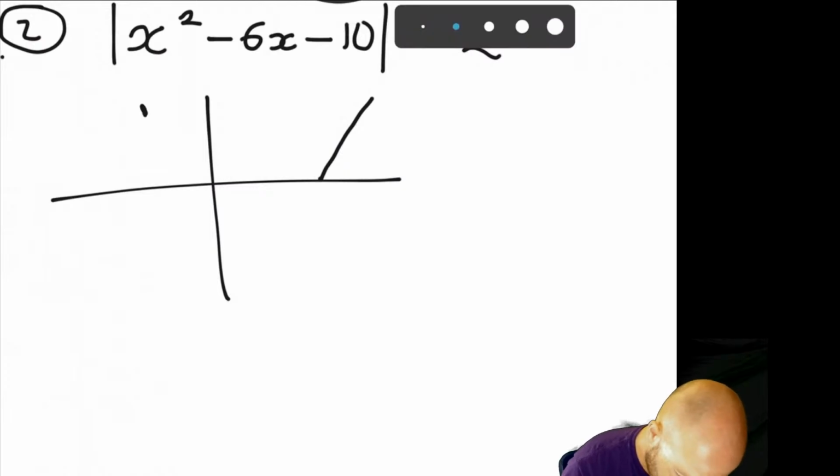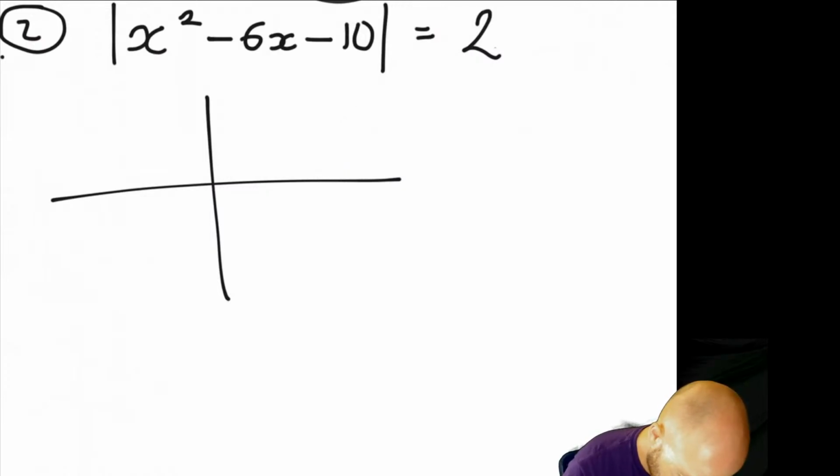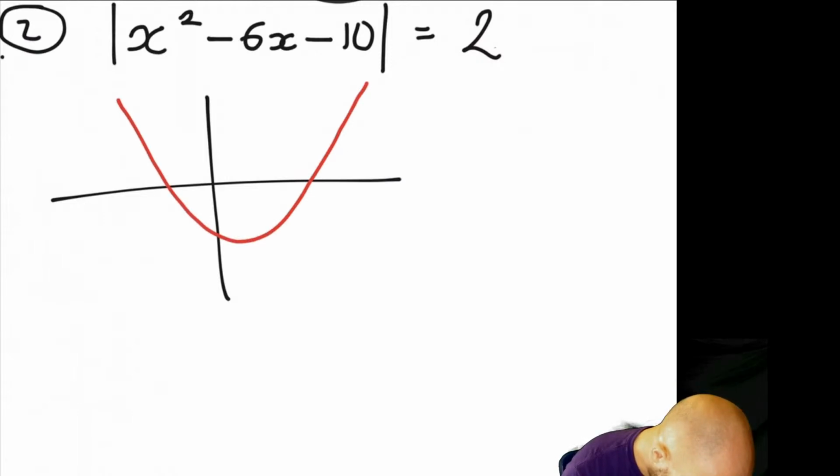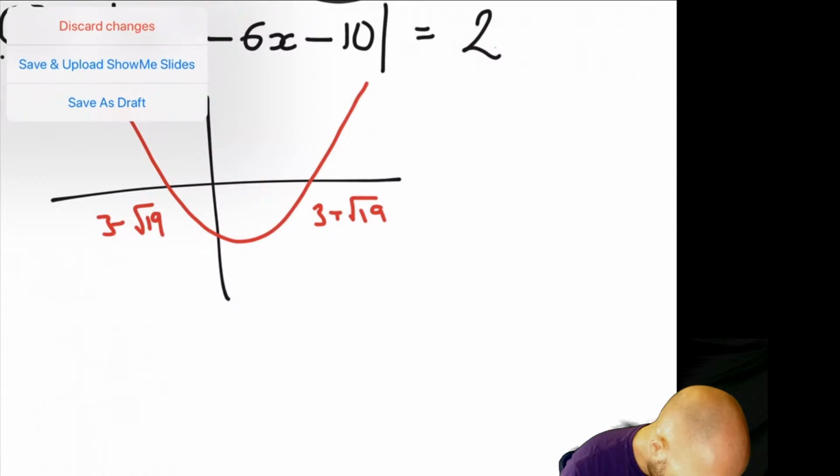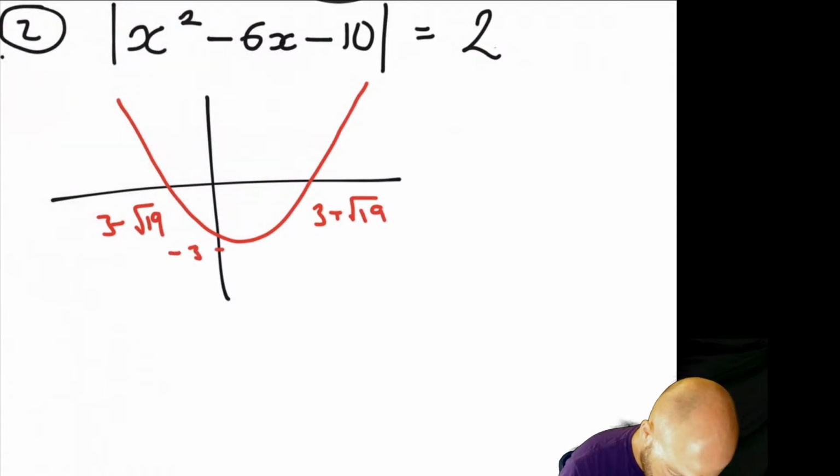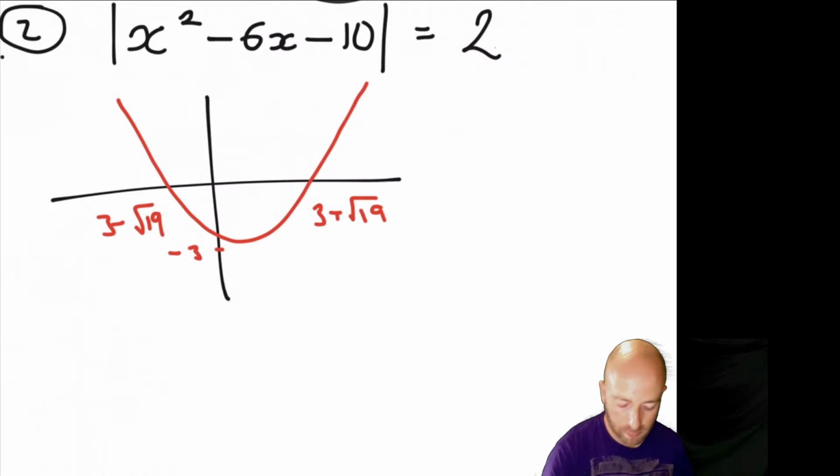What was it? Three plus root 19, 3 minus root 19. And the minimum there, because the calculator tells you as well, is at minus 3.